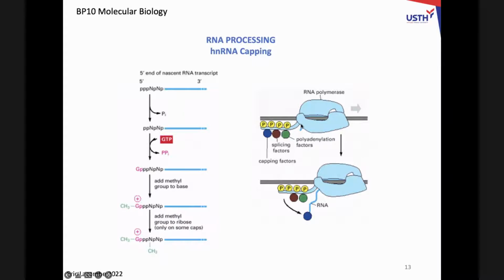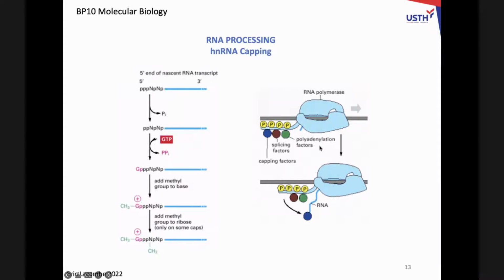As soon as the nascent RNA comes out of the polymerase, those capping factors interact with the 5' end of the nascent RNA, and they ensure the removal of the phosphate, the transfer of the guanyl, and the methylation of the rest. So this is a complex of factors. It will be the same for splicing, and the same for polyadenylation.